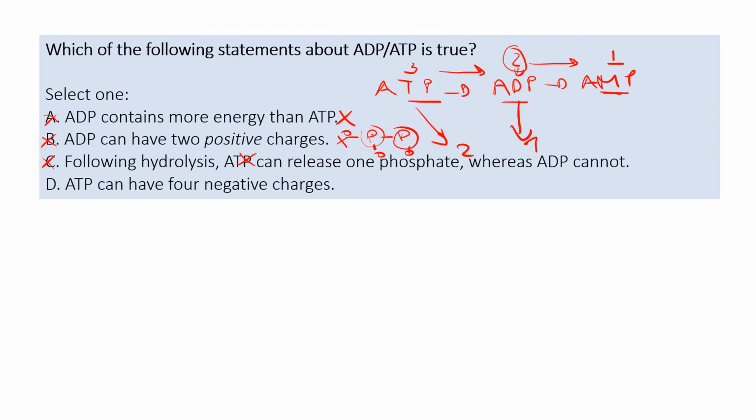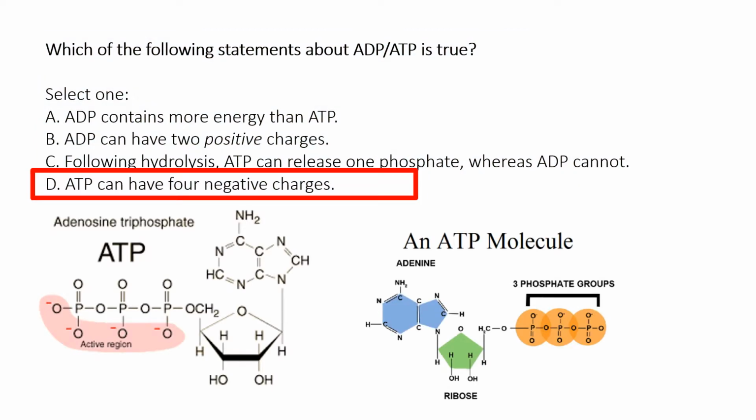And ATP can have 4 negative charges. This is right, and I will show you in a diagram that this is the correct one. As you can count here, there's 1, 2, 3, and here you see 4 negative charges.